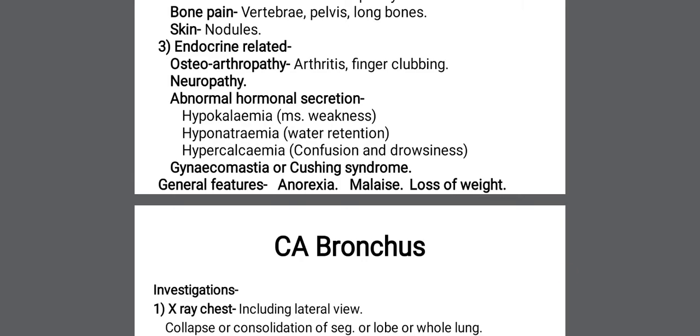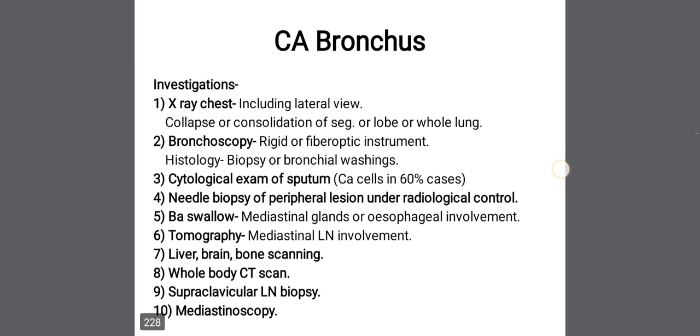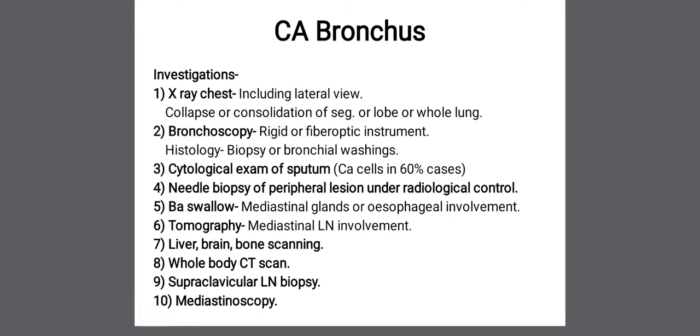Then investigations that have to be done in CA bronchus. So first investigation is you have to do chest X-ray. That will include lateral view also. There will be collapse and consolidation of segment or lobe or whole lung.